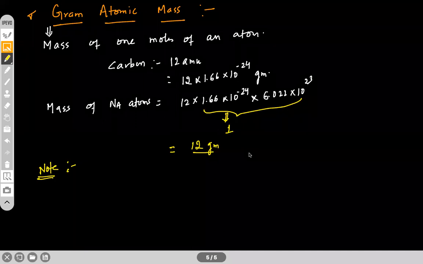Write one note. Gram atomic mass or gram atom, both are the same thing.